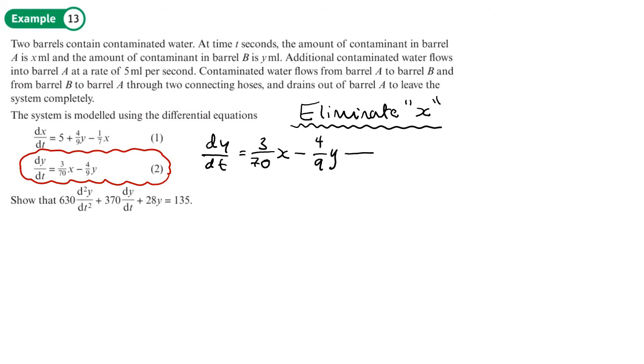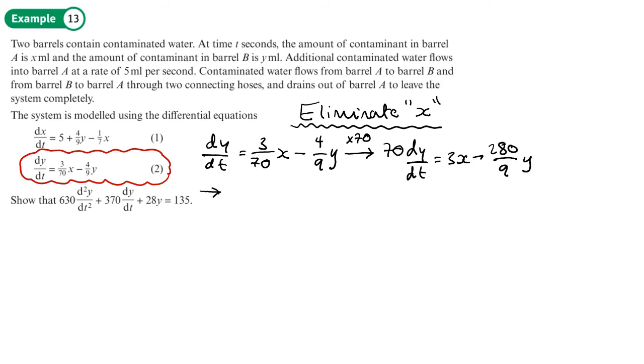So the first step would be to multiply by 70. So we've got 70 dy/dt equals 3x minus 280/9 y.